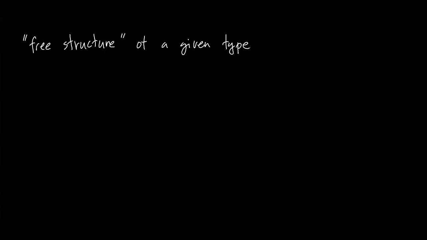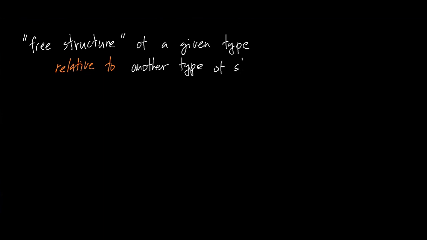Now, in fact, this construction is a relative construction, because when we talk about something being free, it's always relative to another structure of a different type. So, a free structure of a given type relative to another type of structure.